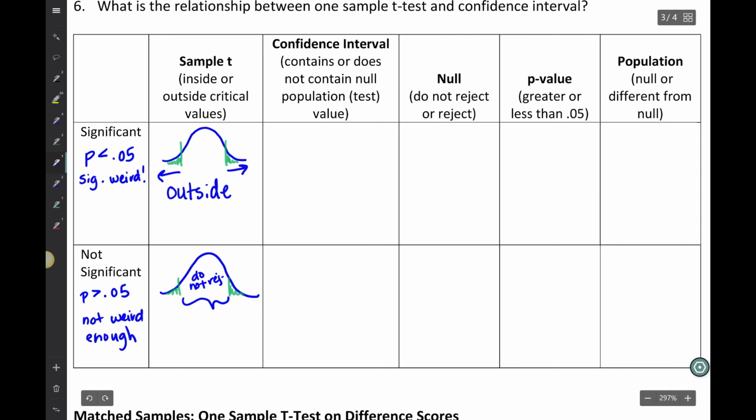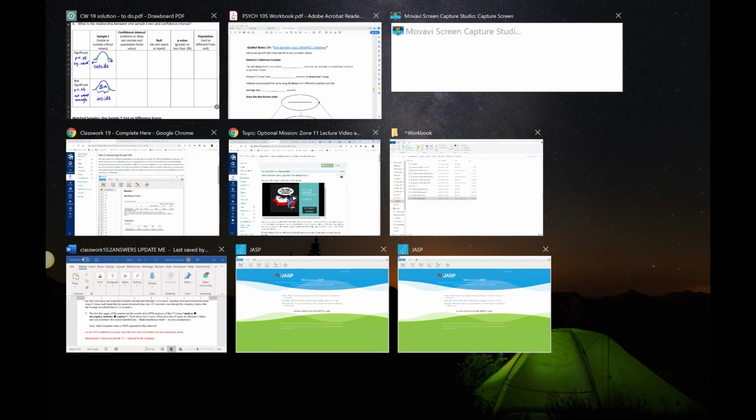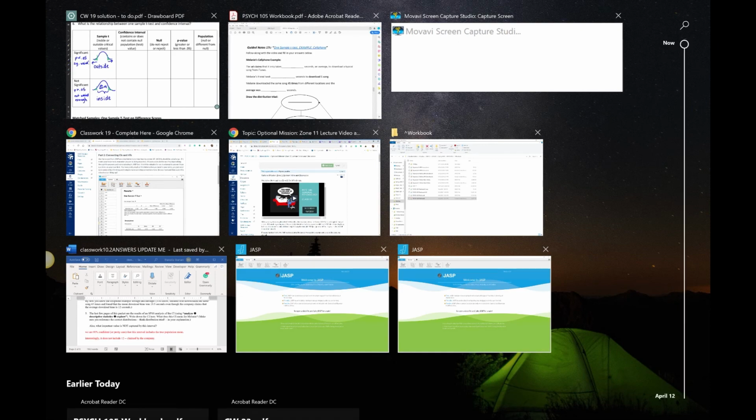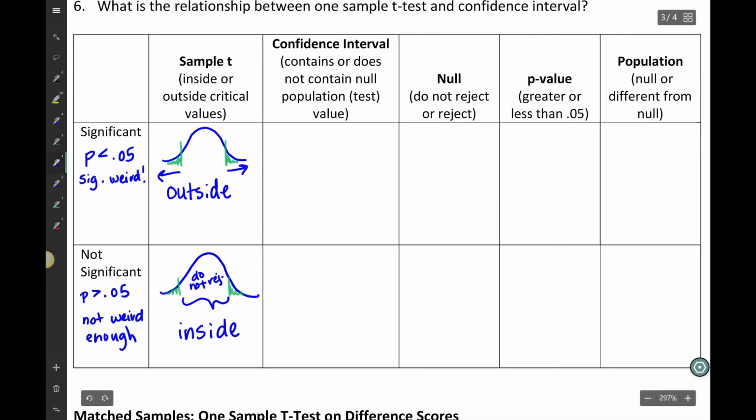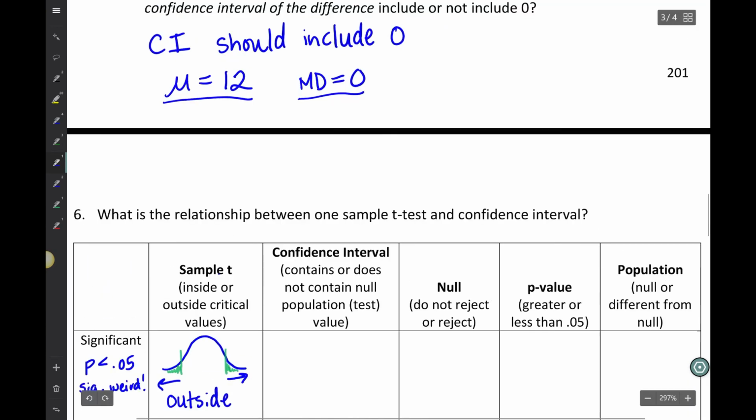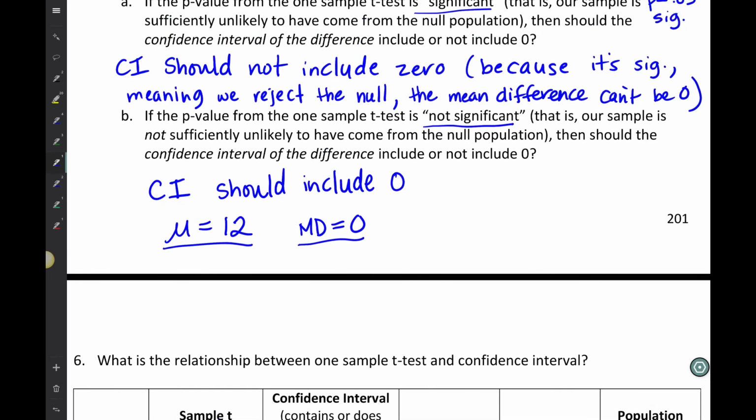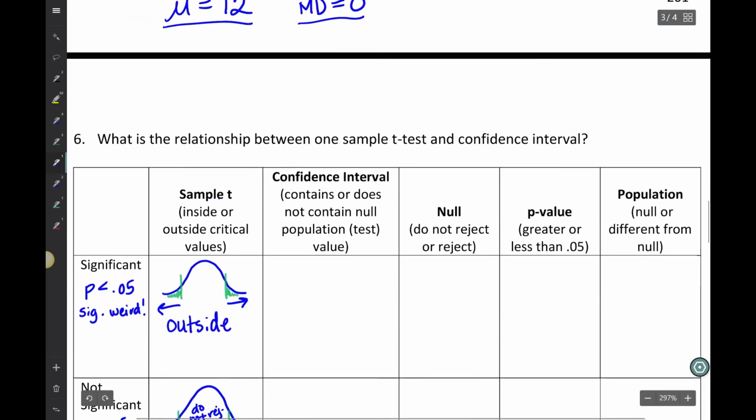So here, if it's not significant, our sample t will be inside our critical values. If it is significant, our sample t will be outside the critical values. Now the confidence interval, when it's significant, does that mean that it should contain the value that we're testing against or not? Okay, if it's significant, that means we're rejecting the null.